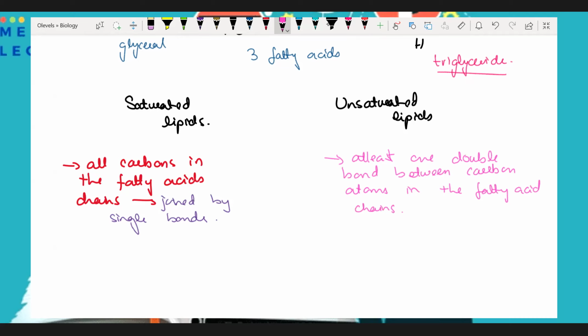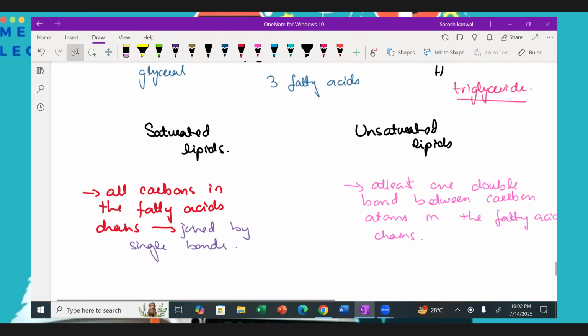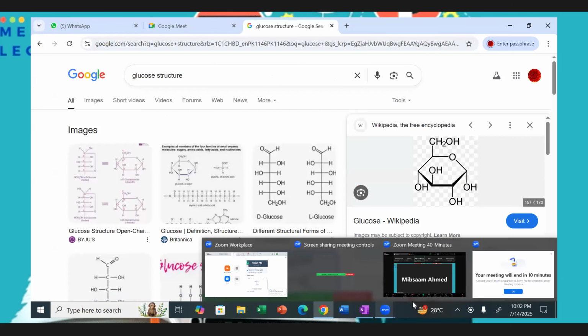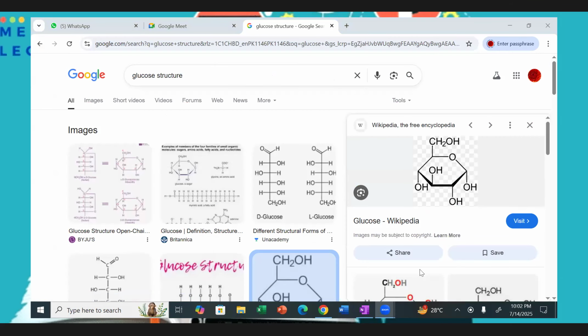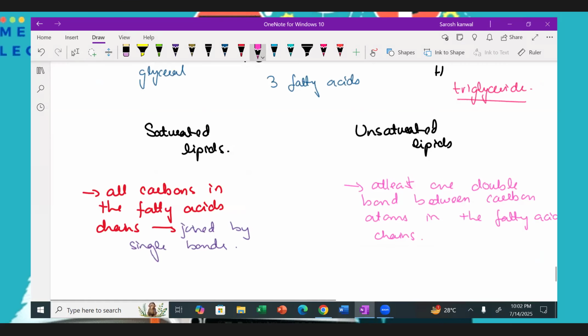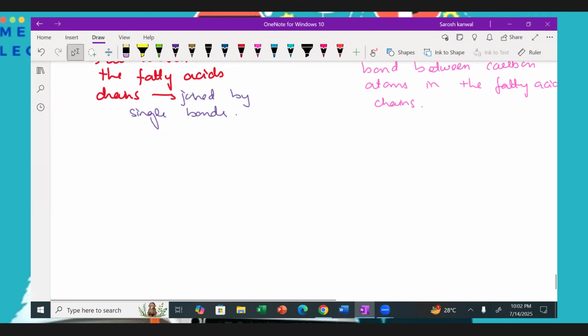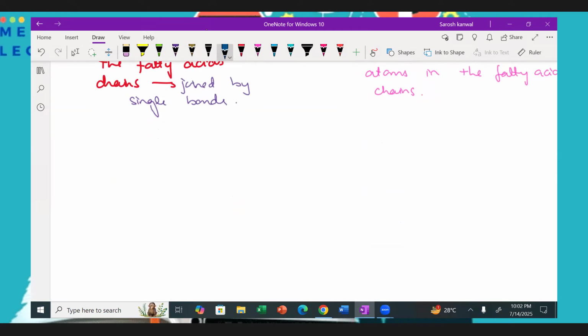right? What is a saturated fatty acid? One joined by a single carbon-carbon bond. Good. While in case of unsaturated fatty acids, you need at least one double bond.